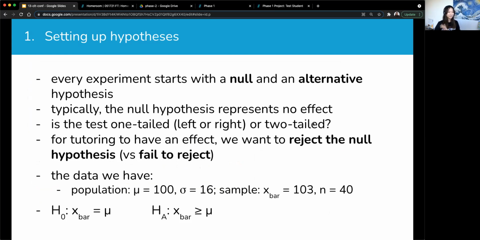Every experiment does start with a null and an alternative hypothesis. So our null and alternate hypotheses for this problem, let me just draw this out. These are down here. Typically, the null hypothesis represents no effect. You can see here, there's 2 equations down here.